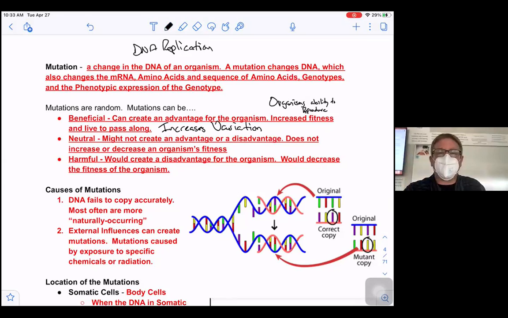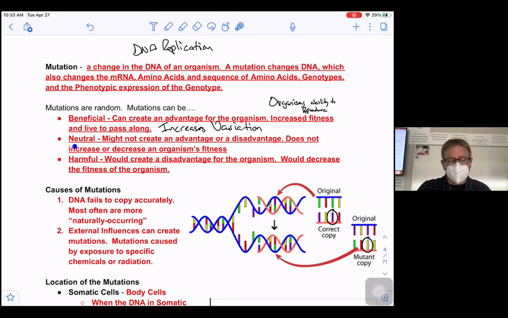When we think about giraffes as an example, that variation of neck lengths, right? We've got some necks that are longer, some necks that are shorter than others. Legs that could be longer or legs that could be shorter. So we can see variation built into any species. So this idea of a mutation can actually increase that variation, which is a benefit to not only the organism, but also to those species.